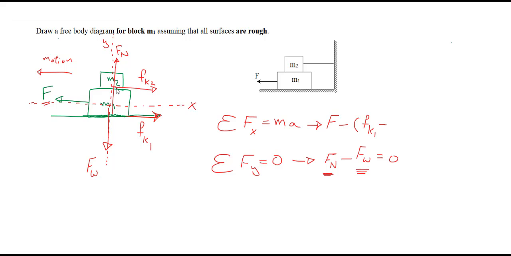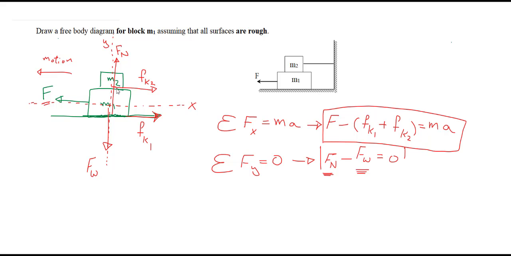Fk1 plus Fk2. هذول قاعد يحدون الجسم إنه هو ما يتحرك أو يصعبون عليه الحركة, which is going to equal ma. Alright, that's it. So you have an equation for block 1 in the x-axis and in the y-axis.